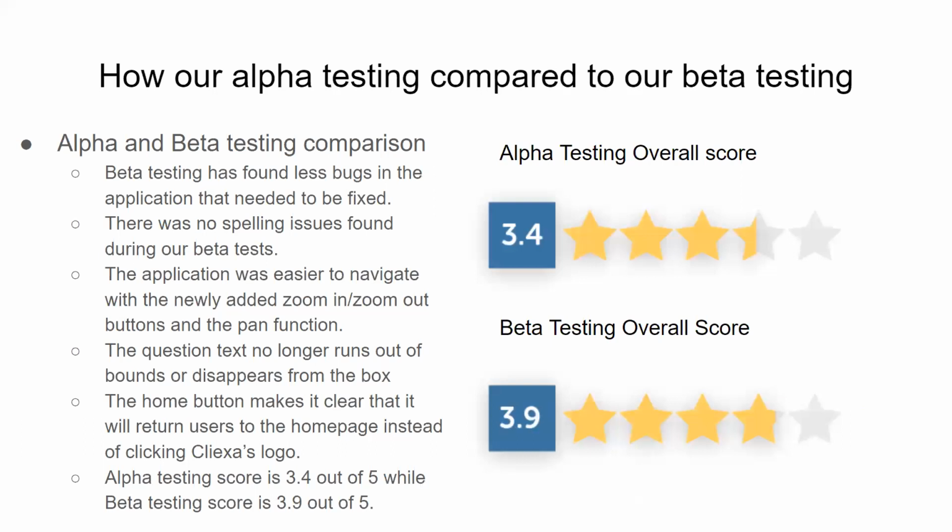From there, we got feedback, and after that, we implemented those fixes that we could and added in improvements that we thought were applicable to our application, and we started the beta phase of testing. Overall, we got a better score after our beta phase of testing, and we added notable features like the zoom in and the pan function.